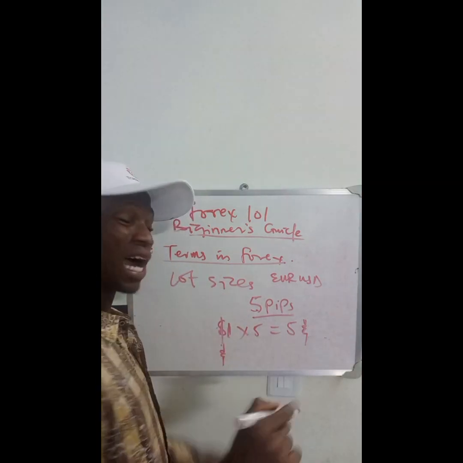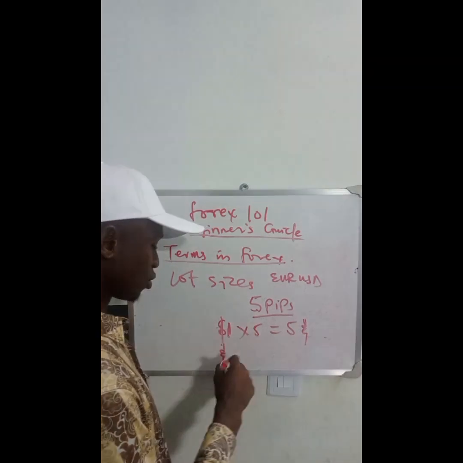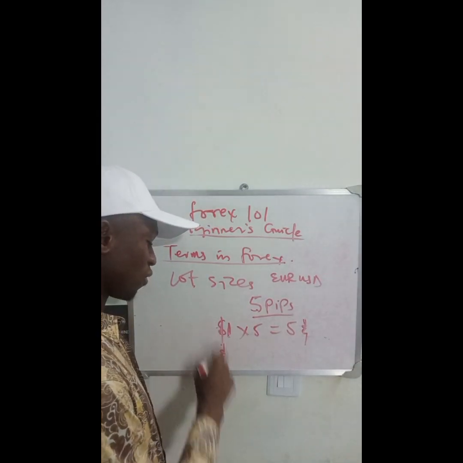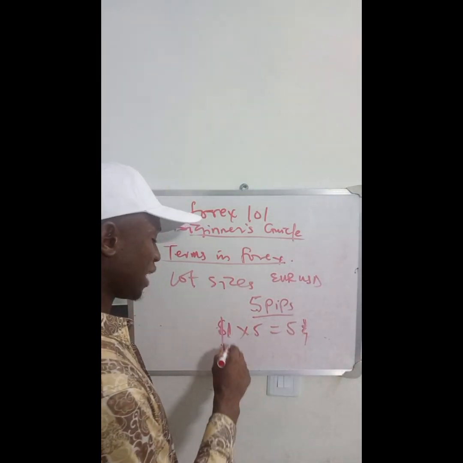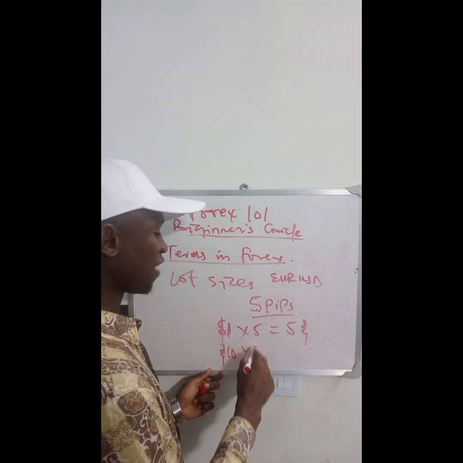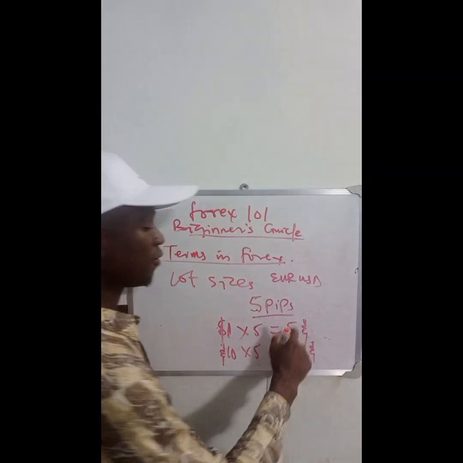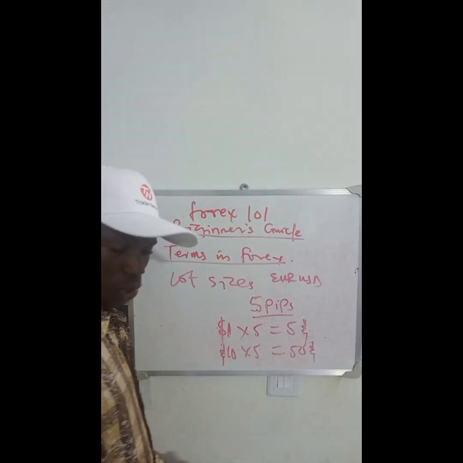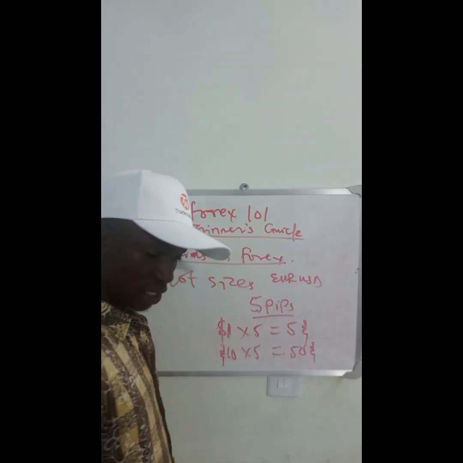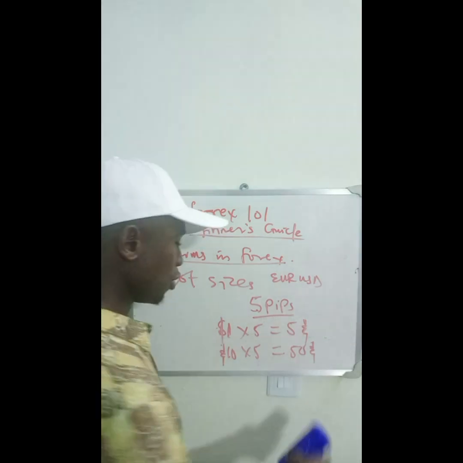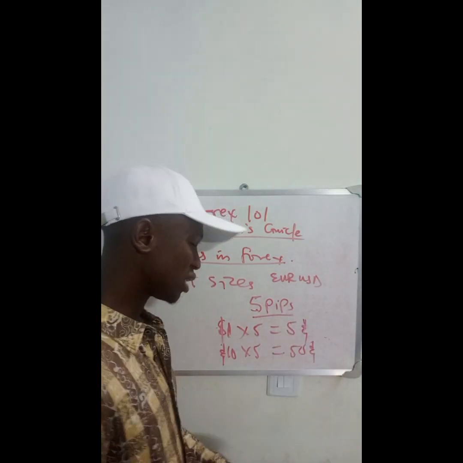It depends on how much you want to stake in a trade. That means 10 times the 5 pips, he has made $50. When I'm making $5, he is making $50. So lot size has to do with the amount you want to stake in a trade.